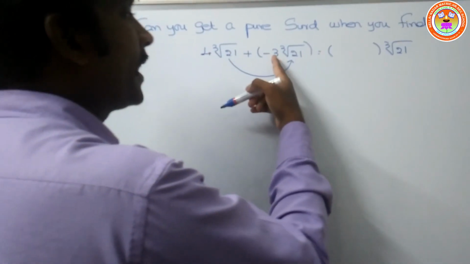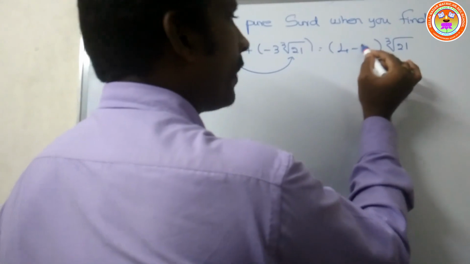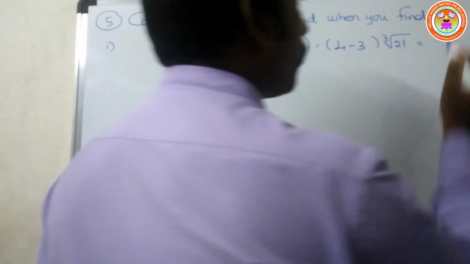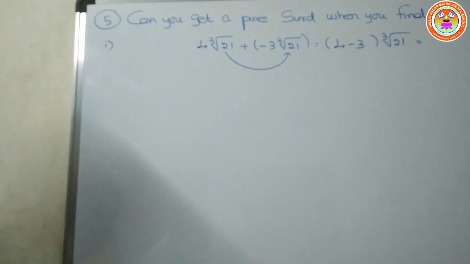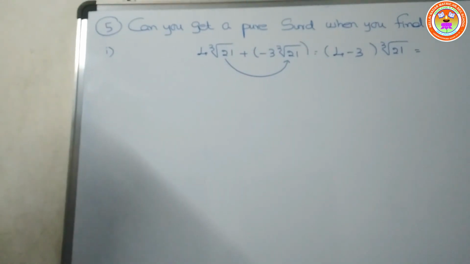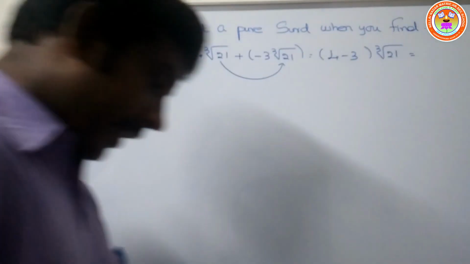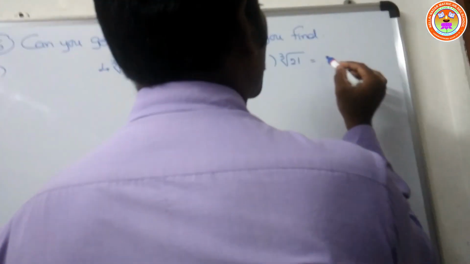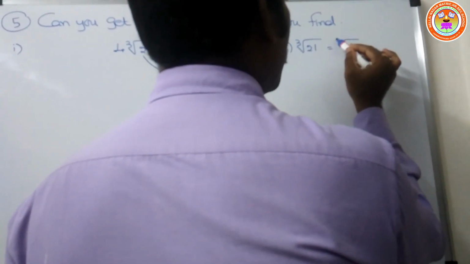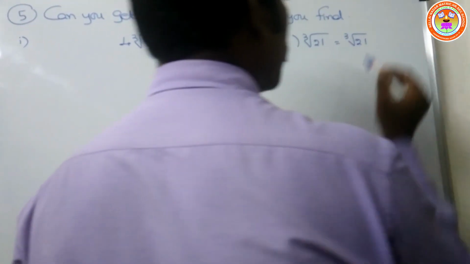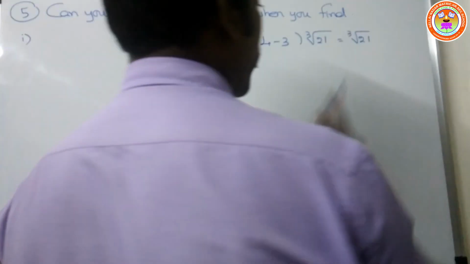Here 4, here minus 3. 4 minus 3 is 1. So equal to cubic root of 21.